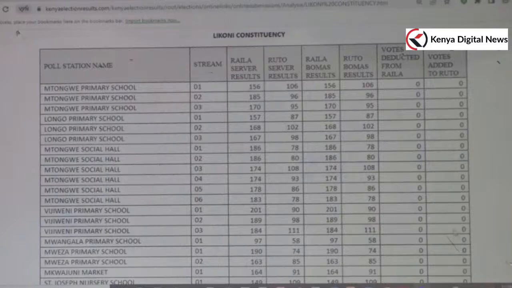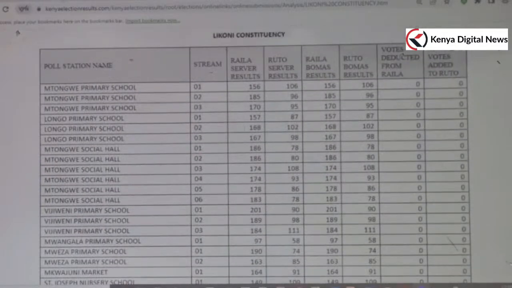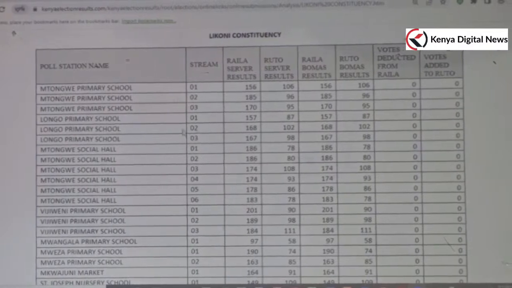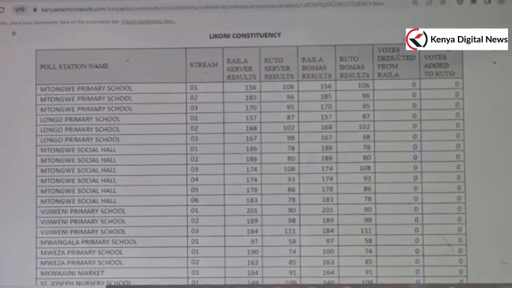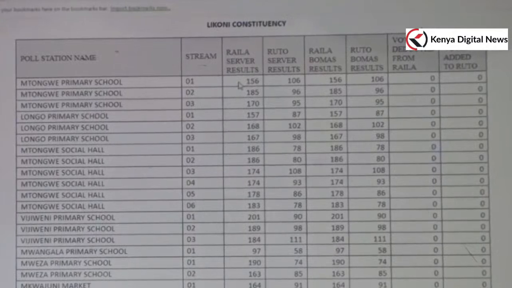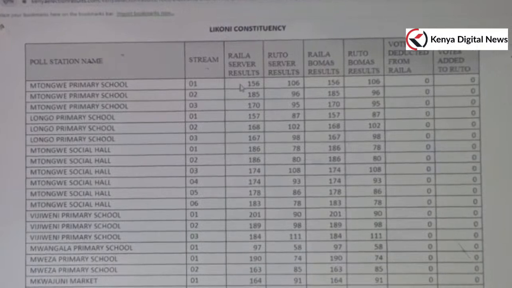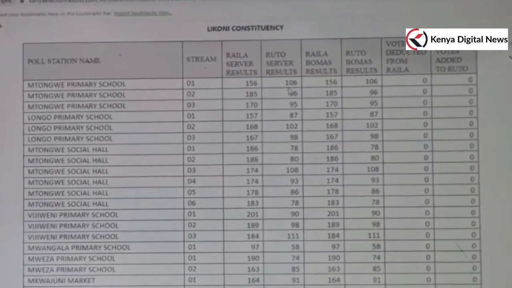And so this is what came up from Likoni. If you look at it, we have the station and then the stream of the station. For example, Mtongwe had 3 streams, and they're all captured there as this is the stream. The first values are the server forms for the Honorable Prime Minister, and the other is the server results for Dr. Ruto.